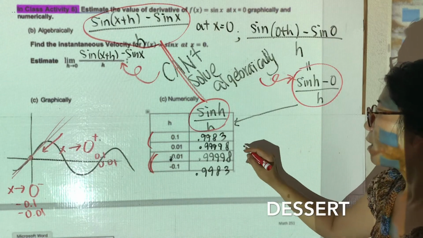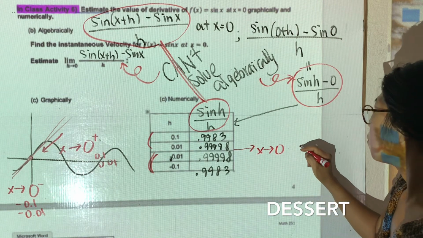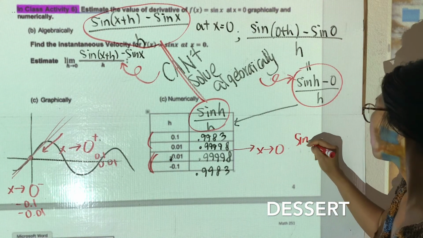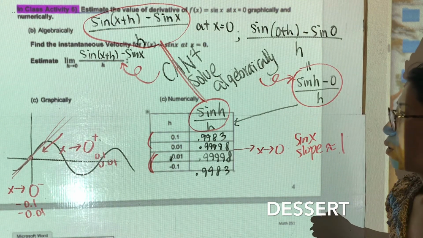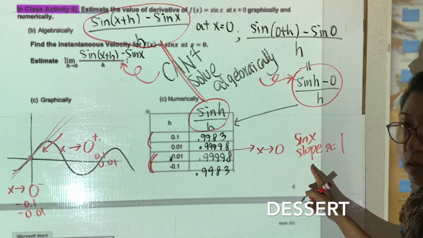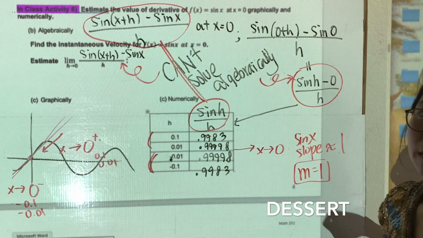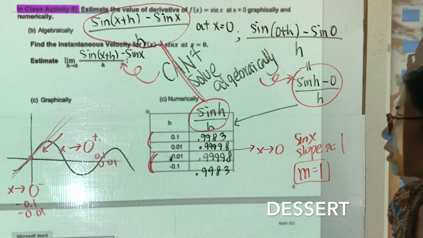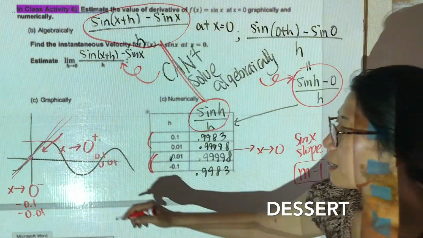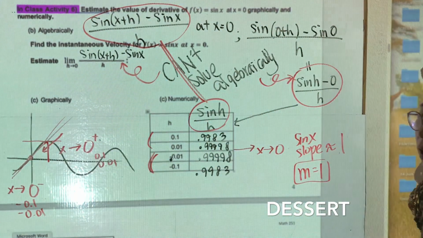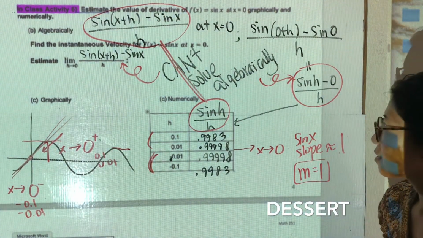I just simplify, and as x goes to 0, my sine x slope is going to be around 1. So actually the slope at 0 of the sine function is exactly 1 in mathematics, and we will learn that again later. But we also learn about this value now, right? And later on you can also see how we can find the maximum values after the test.